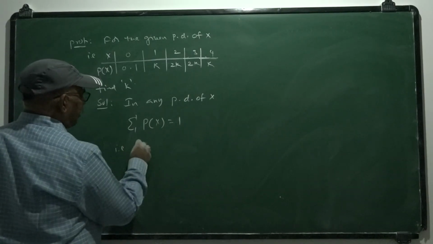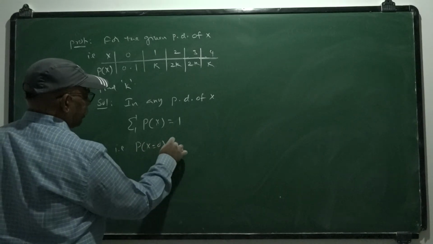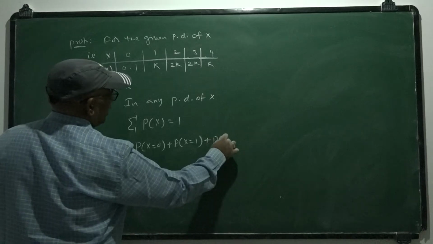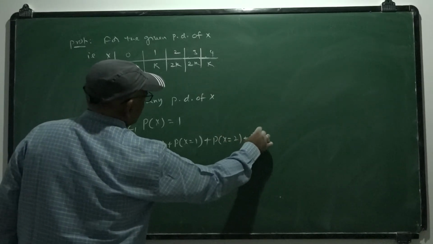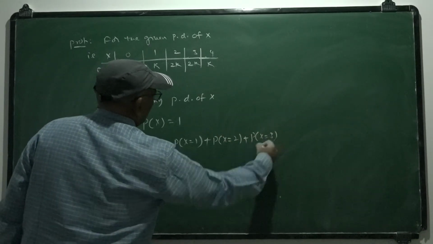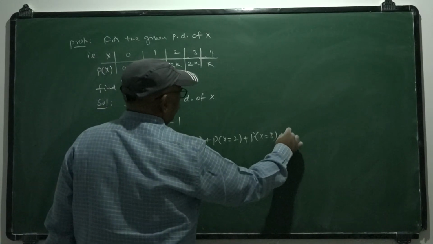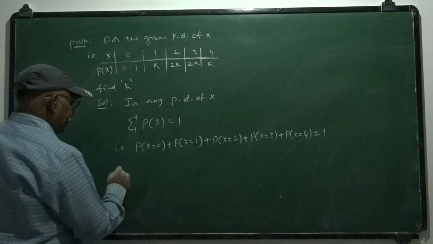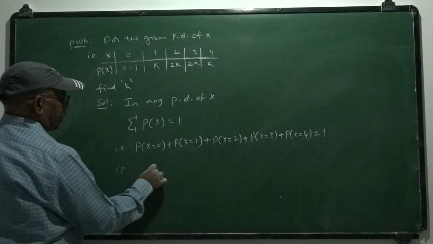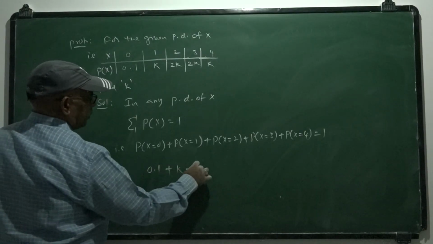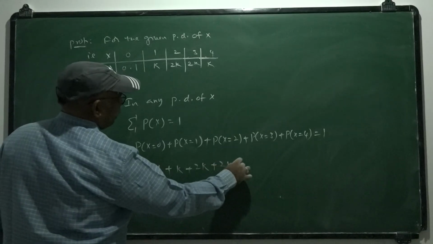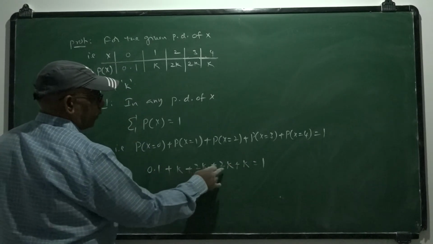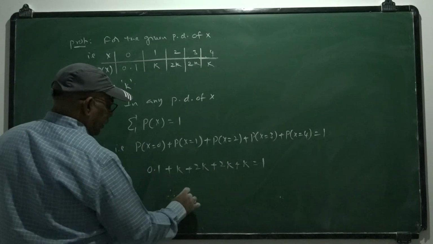So the probability for x takes the value 0, probability for x equal to 1, probability for x equal to 2, probability for x equal to 3, probability for x takes the value 4 is 1. That is 0.1 plus k plus 2k plus 2k plus k is 1. Hence, this is 3k, 5k, 6k.